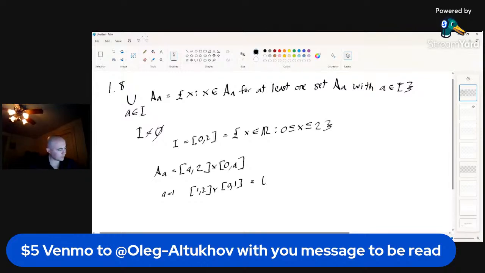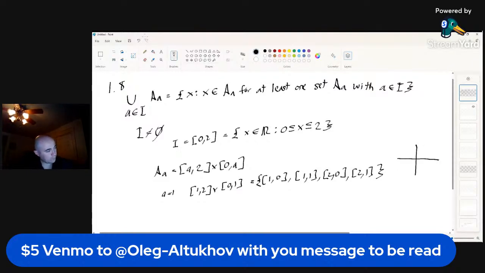Now let's use closed brackets. All right, 1, 0, 1, 1, 2, 0, 2, 1. All right. So now, if we graph this, actually, we're ranging between 0 and 2.